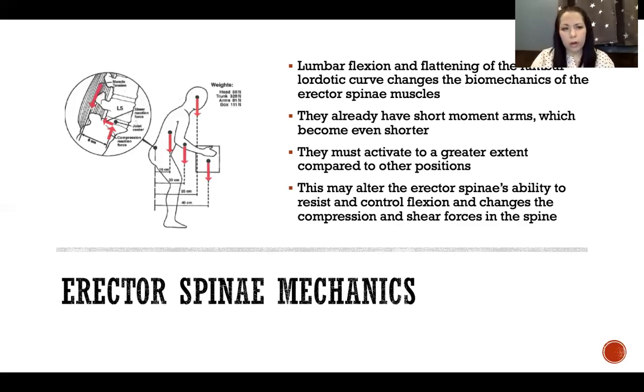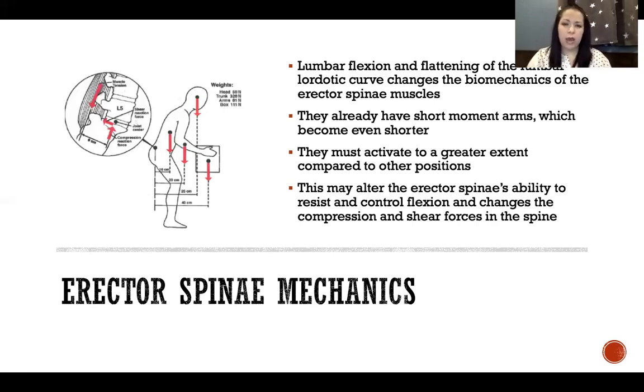So the greater amount of force erector spinae produces, the more compression stress or compression force is caused in the lumbar section of the spine, because as erector spinae is shortening, it's pushing the vertebrae tighter together. So it's putting more compression force on the vertebrae.